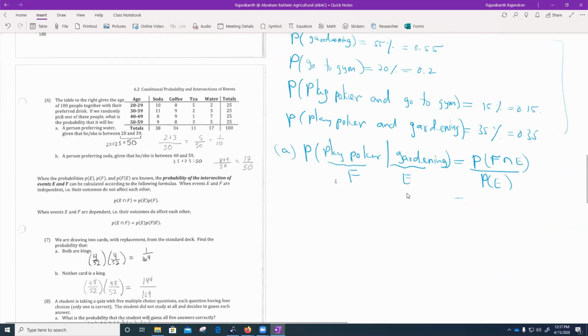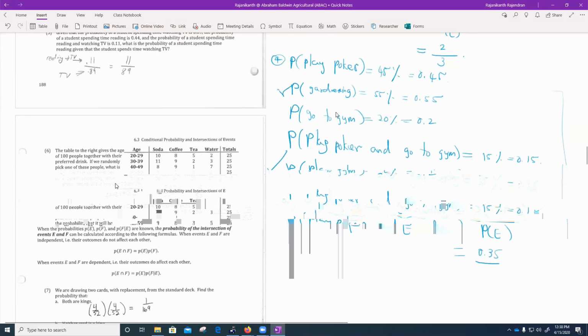So what is this numerator in terms of the given problem? The probability of F intersection E means playing poker and gardening, which I have here. The probability of playing poker and gardening is 0.35, over the probability of E, which is gardening. What is the probability of gardening? It is there, the second one, right?